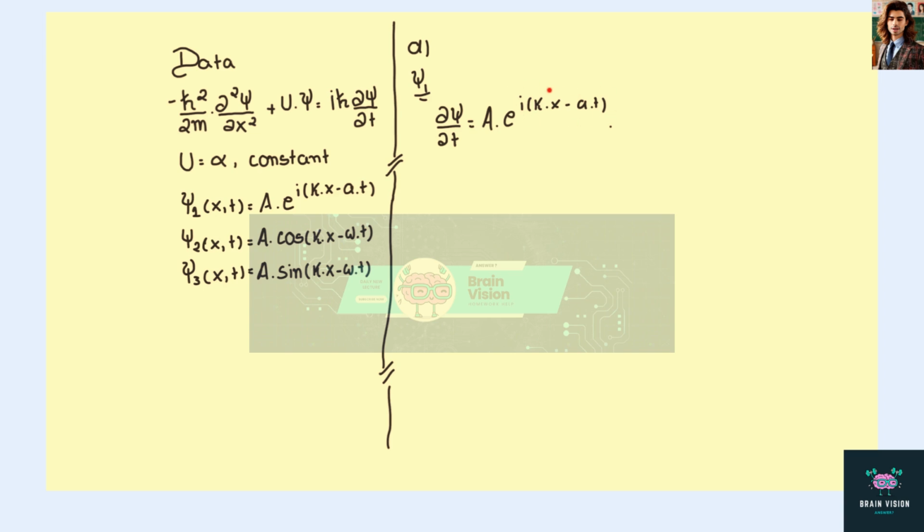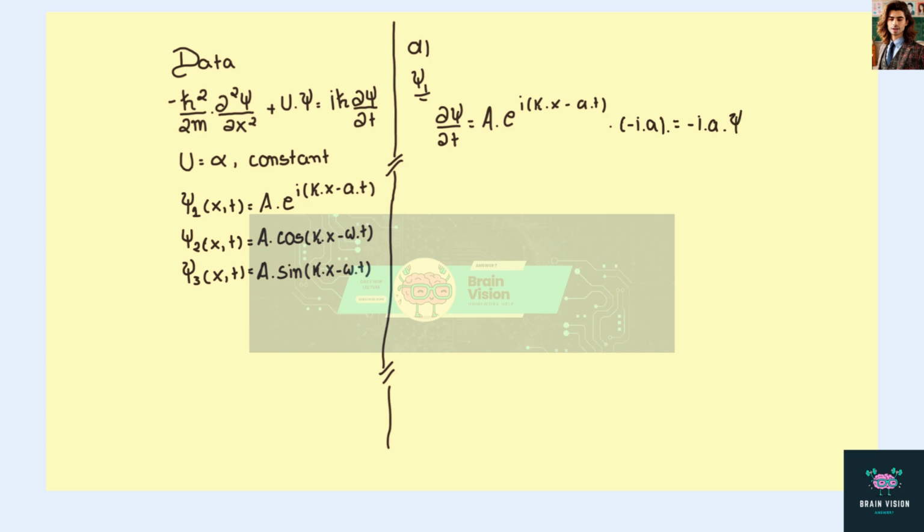But note that the first term, k times x, does not have a t dependence, so it will not contribute to that time derivative. So we will only have minus i times a times the derivative of t with respect to t, which is equal to 1. Then this is equal to minus i times a times psi again.